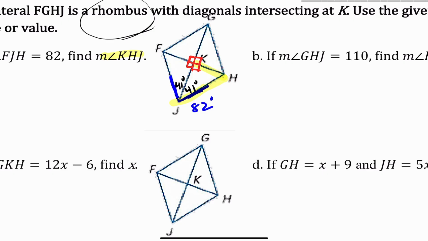And what I see is I have a triangle. And you know that the sum of the interior angles of a triangle is 180 degrees. I have 90, I have 41, and I need to figure out what this angle here is. What is the measure of this angle? Well, I can simply do 180 minus 90 minus 41, and that's going to give me 49 degrees. So that is the measure of angle KHJ.